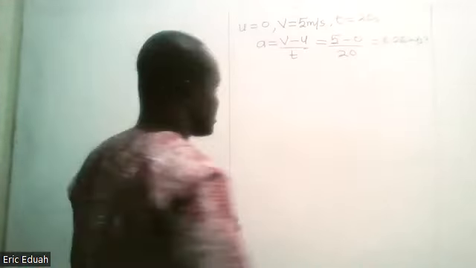Are we okay? My maximum velocity here is 5. Within the time interval from 0 to 20, the body accelerates uniformly and attains a final velocity of 5. Then the velocity is maintained for a further 10 seconds.